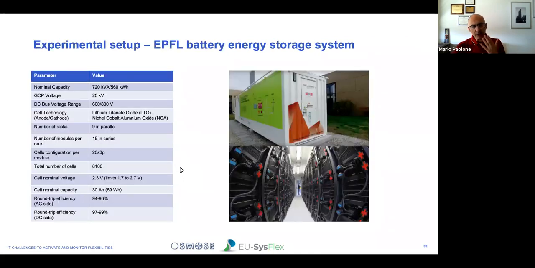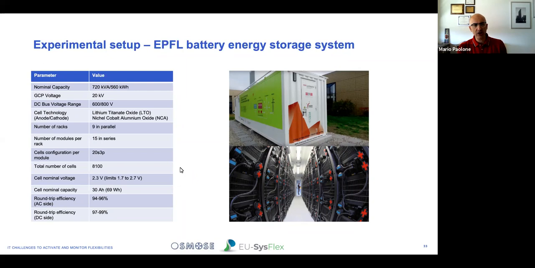Now, a few words about the demonstrator. The battery we are using has a nominal capacity of 720 kVA, close to a megawatt in overloading conditions. Energy-wise it is 560 kilowatt hours. We are connecting the system to the 20 kilovolt grid of the EPFL campus. DC bus voltage is between 600 and 800 volts.